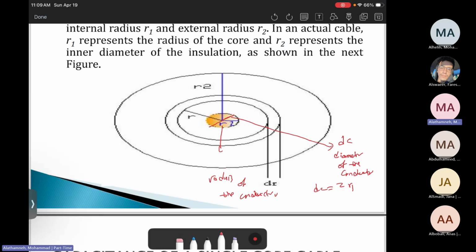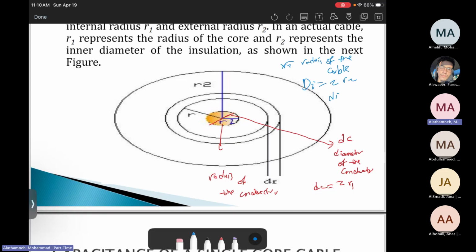The other thing, R2, which is the radius of the cable itself, we'll call its diameter DI, which is 2 times R2. This is the diameter of the cable. Like this, from here to here is D.